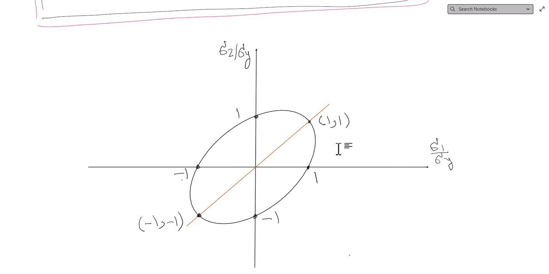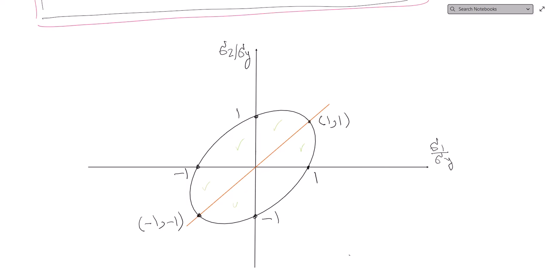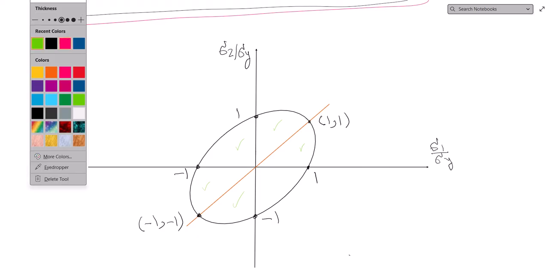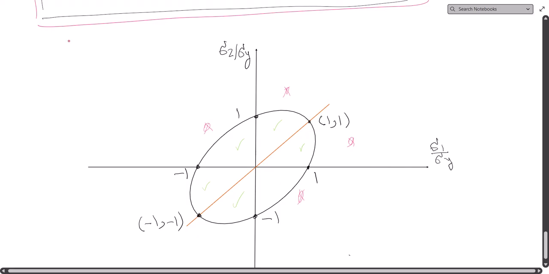Anything that sits inside, if you have a state of stress that sits inside, it is safe. But if you get a state of stress that in this coordinate system sits outside, according to von Mises, it is failed. There's a failure.